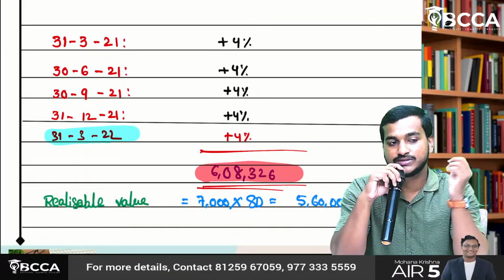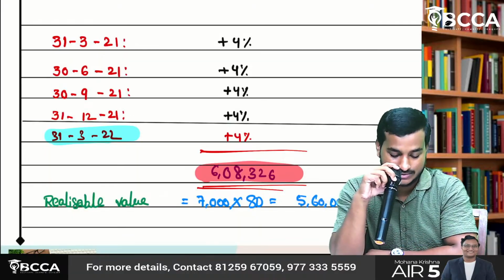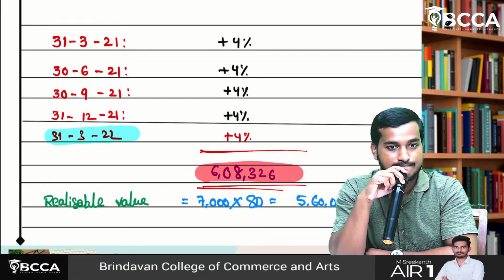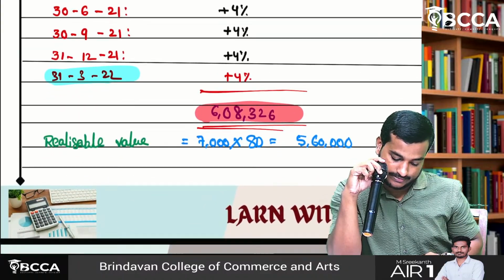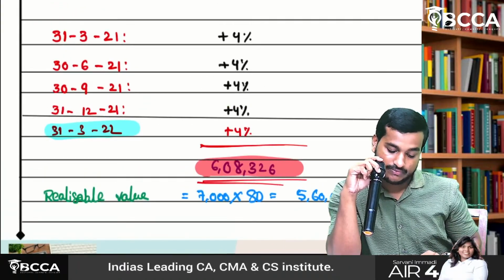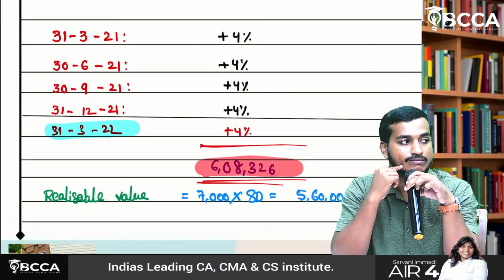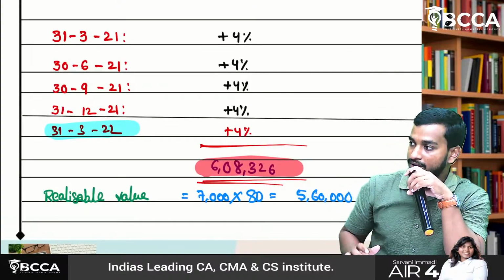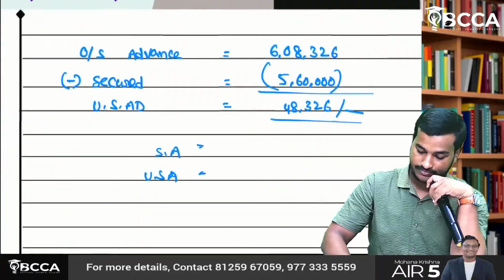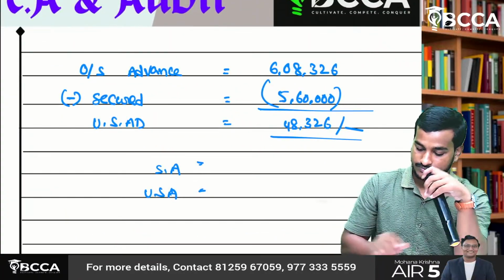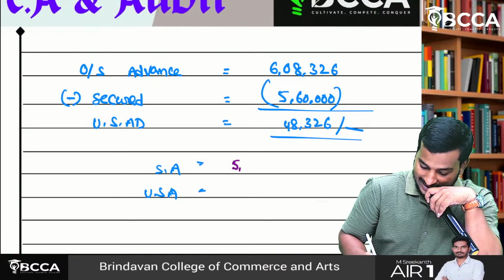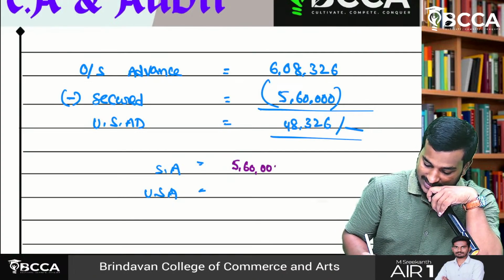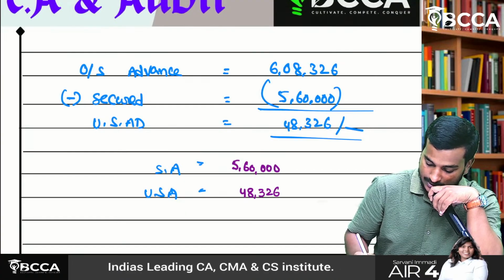Make it fast. Completed, Andy. Secured advance, how much? 5,60,000. Unsecured advance, 48,326.